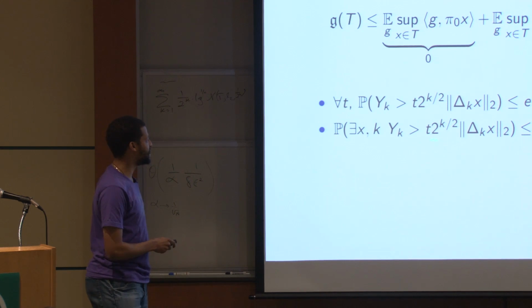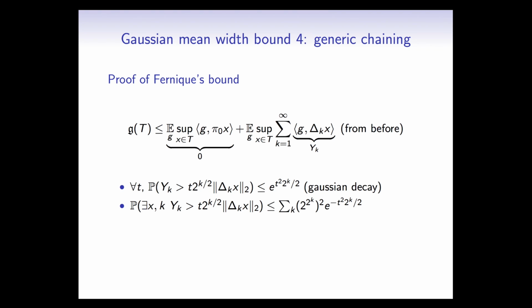So the probability that there exists an x and there exists a k such that yk is big is, by a union bound over all k, a sum over all k of how many different delta k x's there are. There's 2 to the 2 to the k squared at most, right?